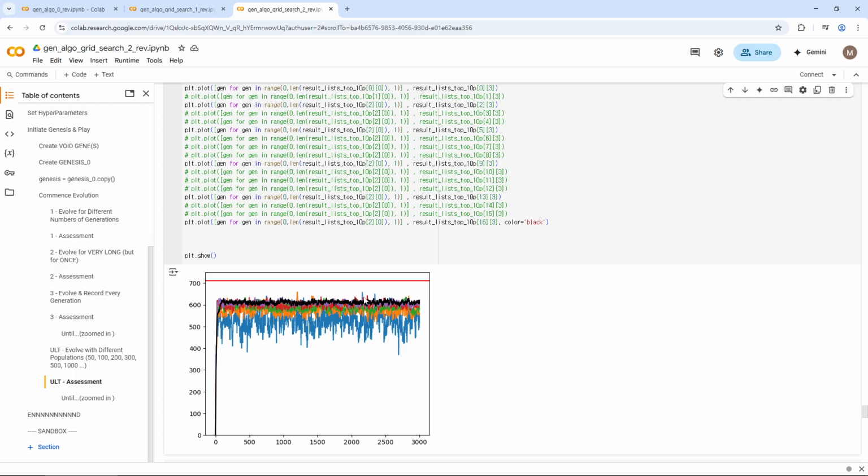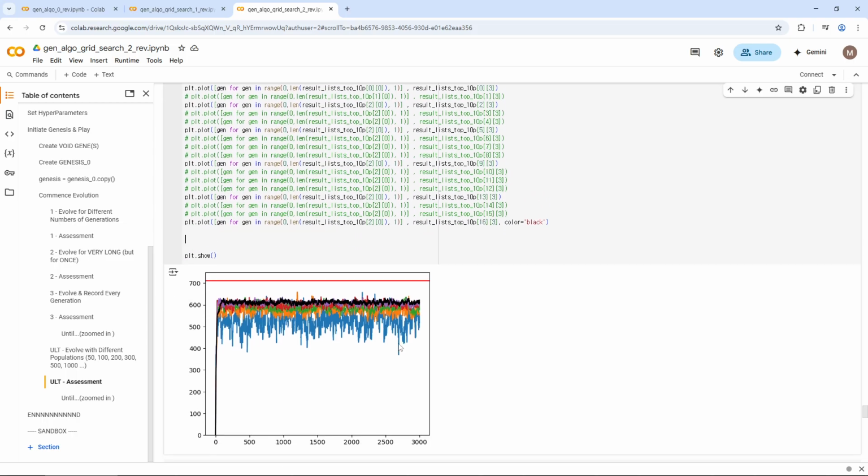And there's another blue peak here. But overall, the average of summed utility values for the top 10% entities, again, seem to be higher and more stabilized as the population size goes up.